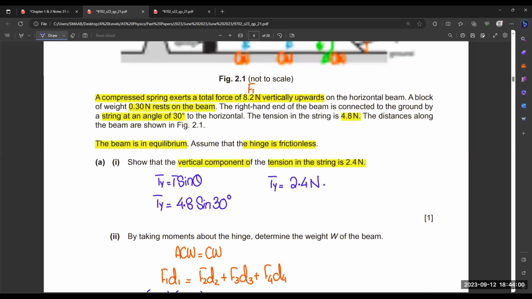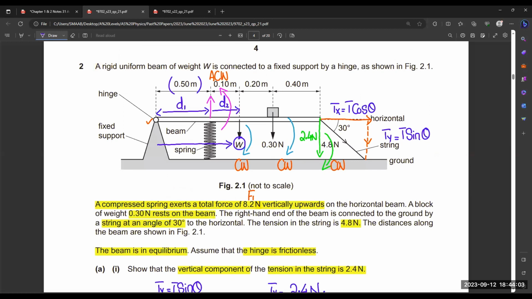And the third one, 0.30, and we have to add 0.2 again, so it will be 0.8, right?